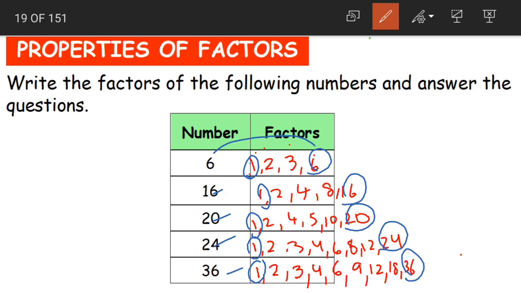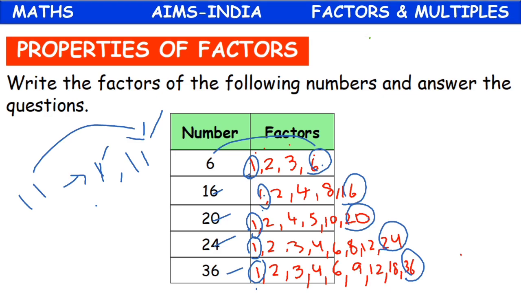So what are the common things that we learned? 1 will be a factor of every number and every number will also be a factor of itself. So suppose I say the number 11, we know for sure that 1 and 11 are its factors. That is 1 and the number itself. So for any given number, these two are compulsory factors, children. What are they? 1 and the number itself.